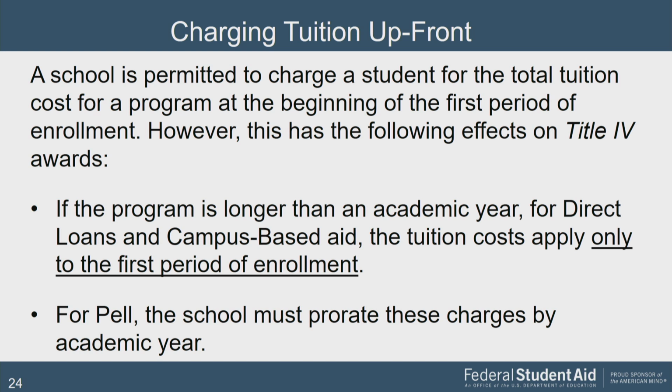And so when you look at that loan period, all the charges for the program, all of the tuition and fees, are occurring in that first loan period. So in the second loan period, for the remaining 600 hours, you may not include any tuition and fee charges for that, though you could have other cost of attendance elements, such as living expenses, transportation, that type of thing.